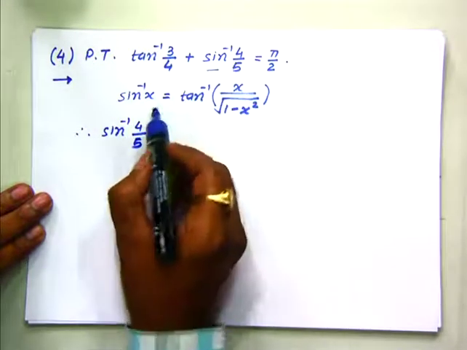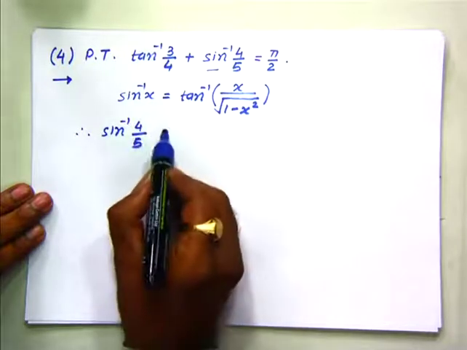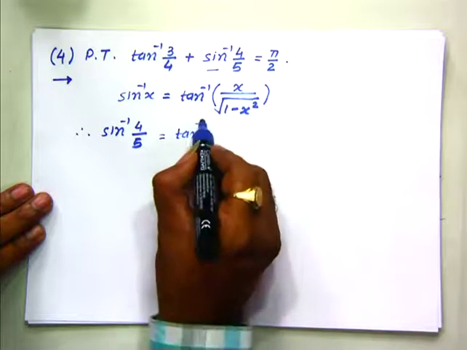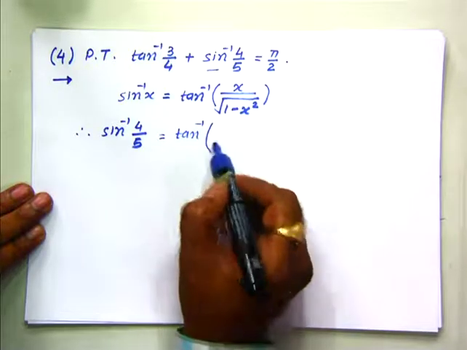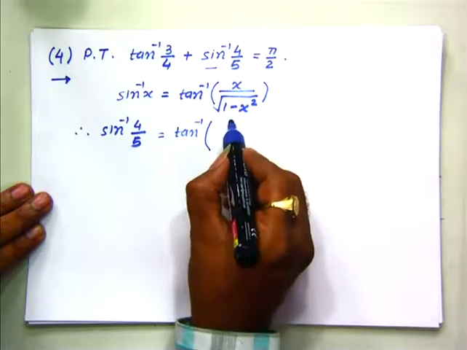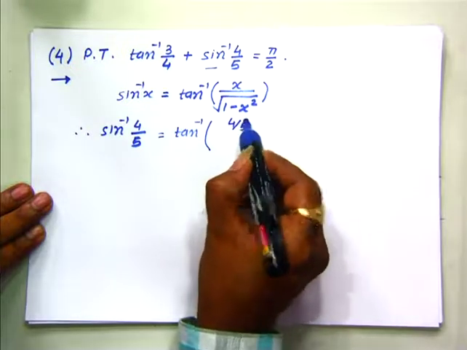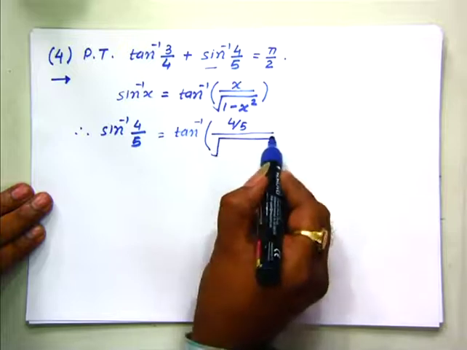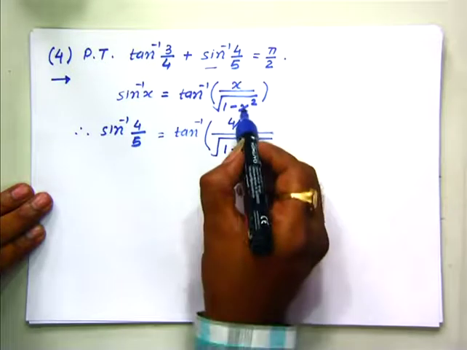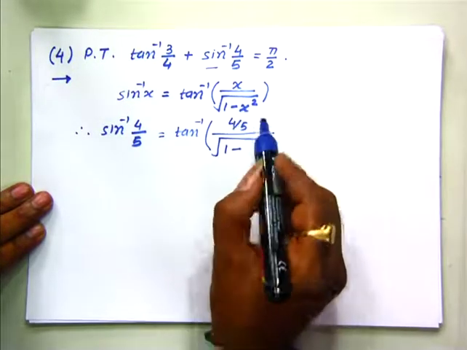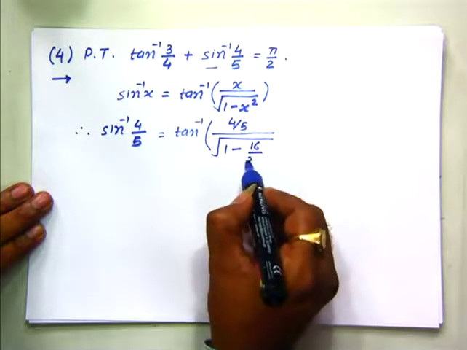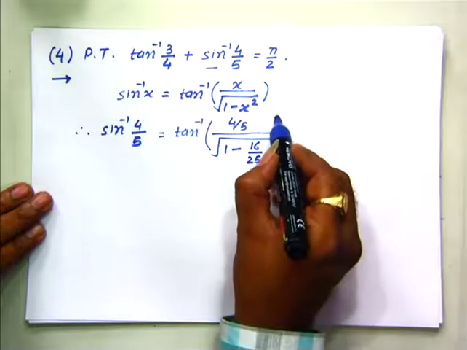Here in sine inverse 4 by 5, x is 4 by 5. So this is equal to tan inverse, x means 4 by 5, upon square root 1 minus x square. Our x is 4 by 5, so x square is 16 by 25.